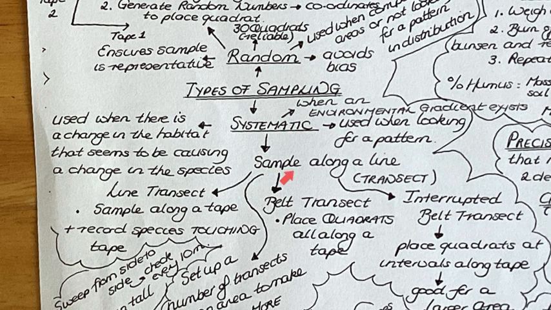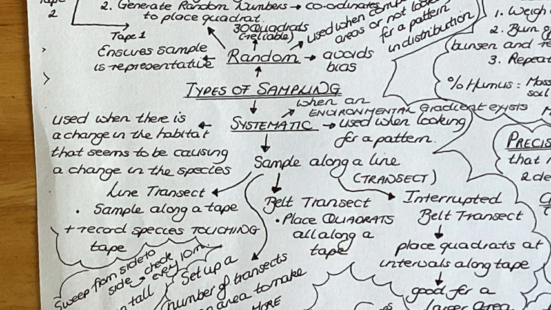So you sample along a line, basically, in systematic sampling, and the line is called a transect. The first type of systematic sampling is where you just have a single measuring tape and no quadrats whatsoever, and then you just move along the tape and you record the species that are touching the tape. Then you could set up a belt transect.